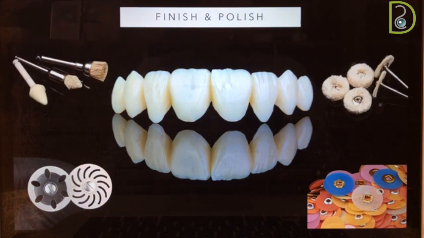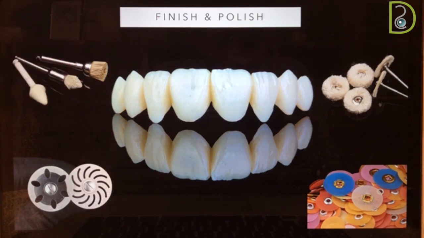Now we have a huge variety of finishing and polishing discs and wheels, but flexible diamond discs are definitely needed to open the incisal and gingival third. So these are discs, as well as occlubrushes. Also efficient.